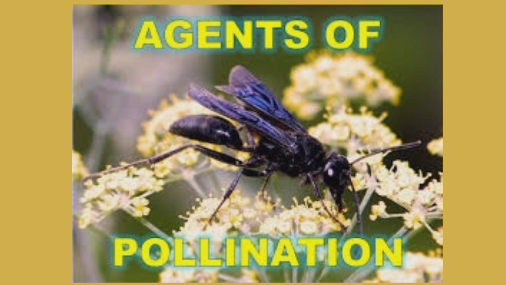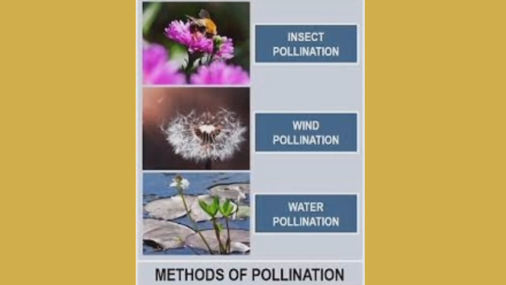Plants which live or grow in water are called aquatic plants. Here, what are the agents through which pollination is done? First, insect pollinated, wind pollinated, water pollinated, and bird pollinated.